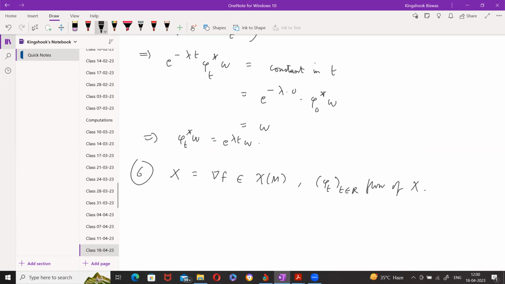So what do you know, that any integral curve is a geodesic, right? So let's say gamma, so let P be a point in M.